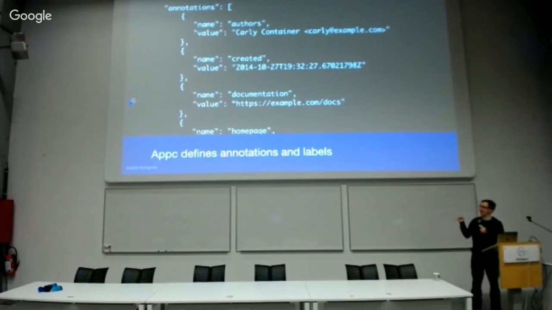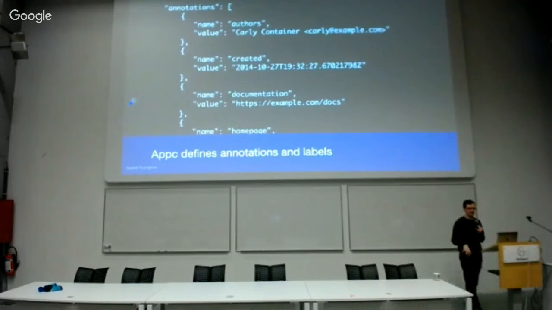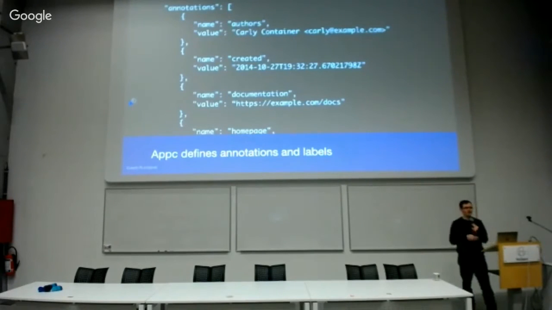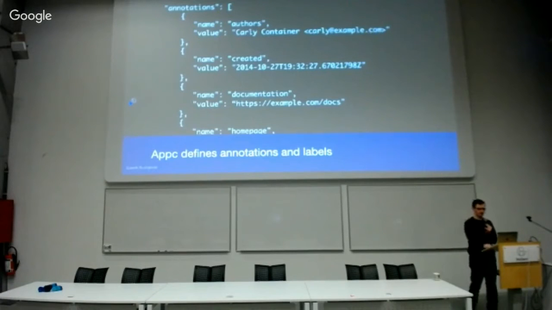So the AppC spec defines both annotations and labels. There's some confusion about why you'd use both. They do have separate use cases. But I think it's enough to say that all of these things are coming to the same conclusion, that having arbitrary metadata assignment for users is a good thing.